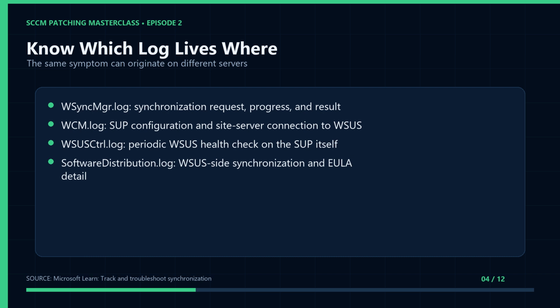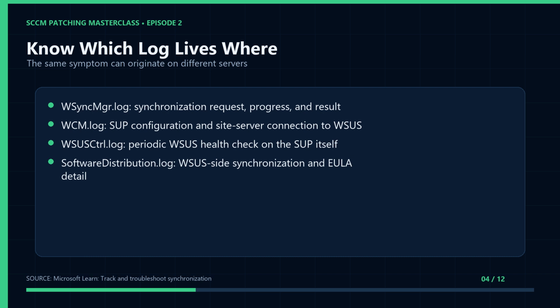Microsoft documents WSUSUTIL reset to redownload missing content including EULAs, but use that only after the logs prove this failure family, with approval and a maintenance plan. It is not a universal sync fix.